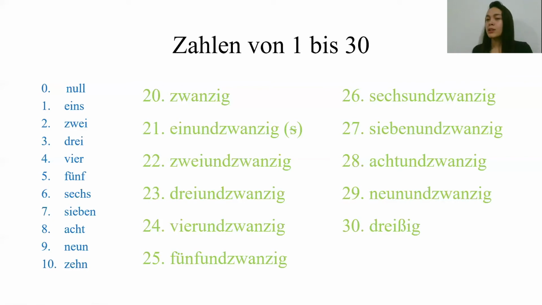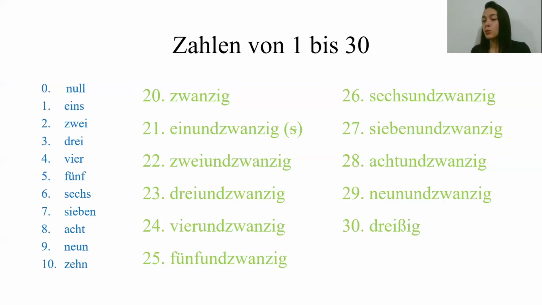So, as a little repetition, we take the number from 1 to 10. For example, when you have the number 27, you take the 7, add und and then the 20. 7 und 20. That's how we do it. And with that rule, you can build any other number that follows after 20.